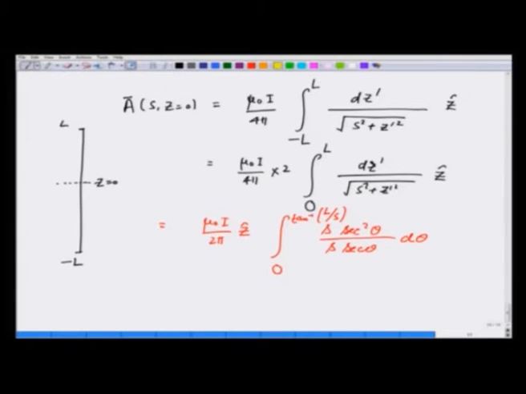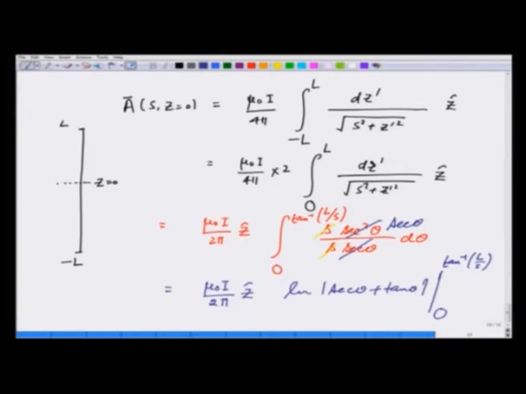All right. So, now let us do some cancellations again. s cancels, the secant squared theta cancels here, and I get secant theta, and therefore, my answer comes out to be mu naught I over 2 pi in the z direction log of secant theta plus tangent theta, between 0 and tan inverse L over s, which I can simplify: at 0, tangent theta is 0, secant theta is 1.